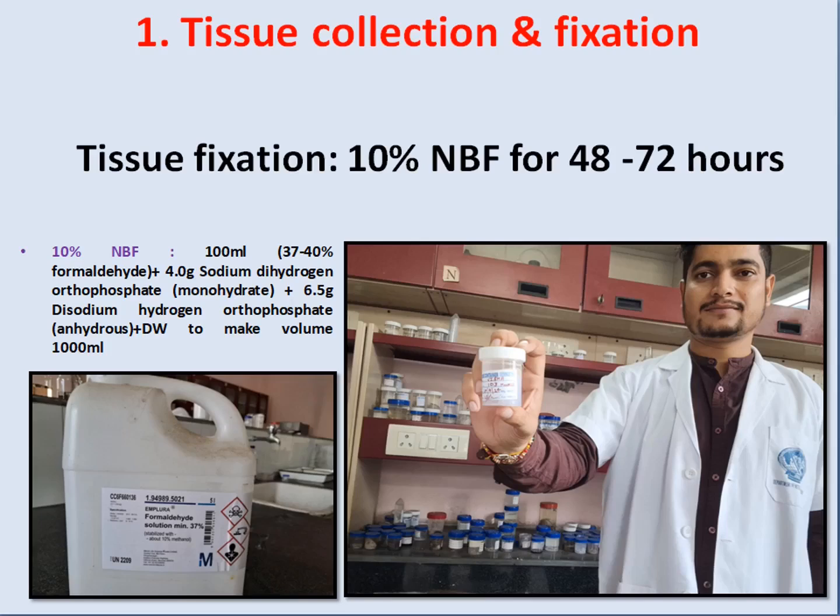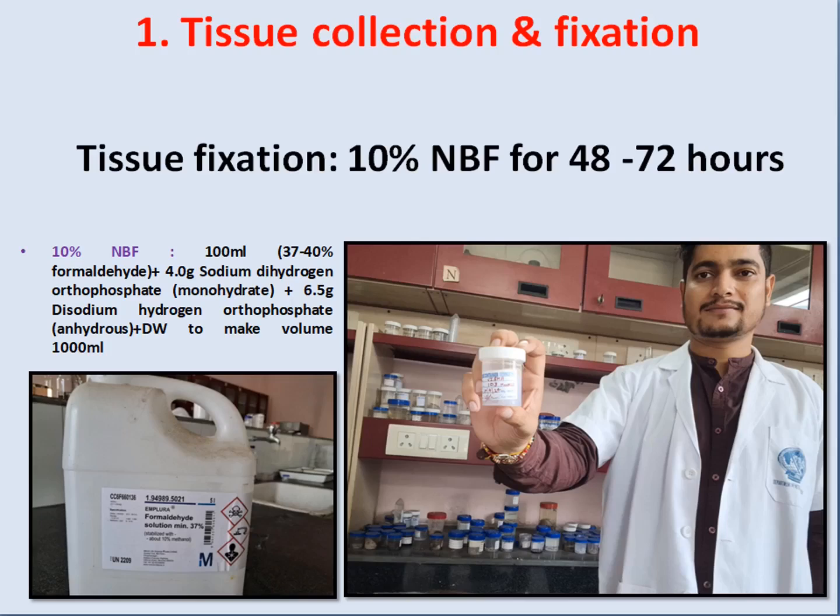Then we should open the container and look at the tissue, at its thickness. If it is more than 0.5 centimeter or 5 millimeter, it is not advisable, so we have to cut it into pieces. For the fixation, generally fixed tissue comes to you.